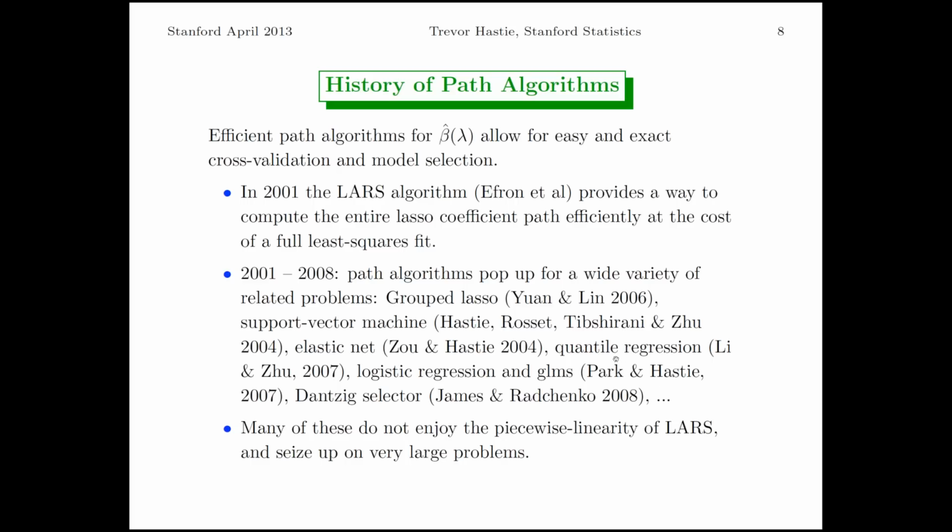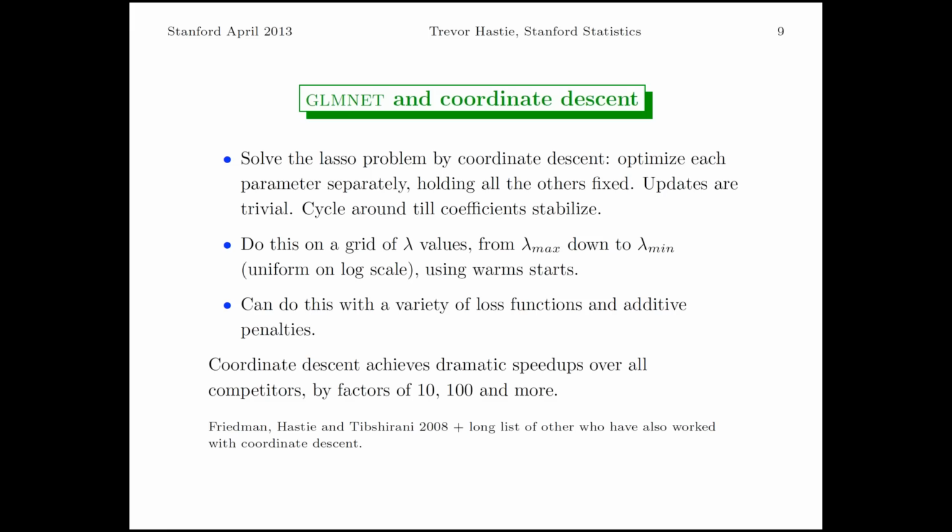In the cases where they were, we could get some efficiency. Surprisingly, for the support vector machine, that was the case. The cost parameter in the support vector machine has the coefficient profiles have a piecewise linear path. But for a lot of the models we're interested in, the coefficient profiles are not piecewise linear, and that meant the efficiency was not there. And so these algorithms basically break down when P is very large.